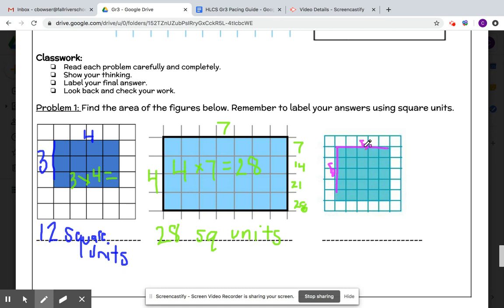So I can solve 5 times 5, and I know my 5s skip counting. I'm going to skip count by 5 times, so 5, 10, 15, 20, 25. So the area for our last figure is 25 square units.